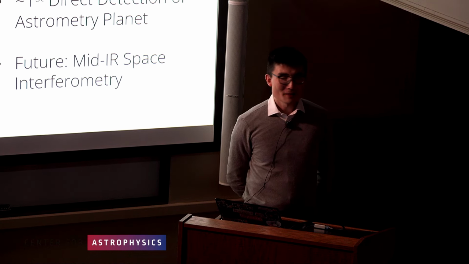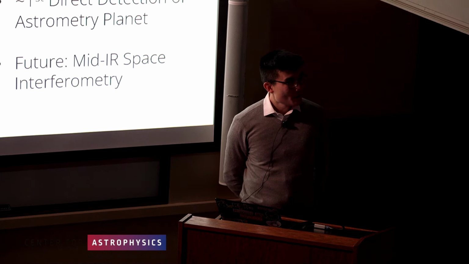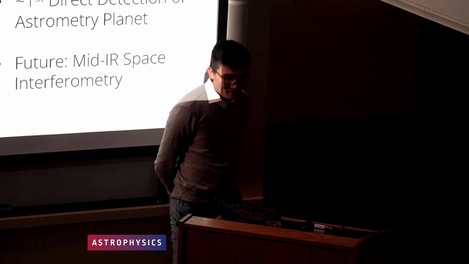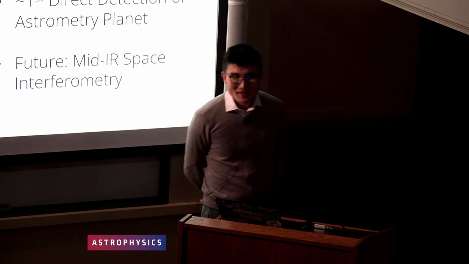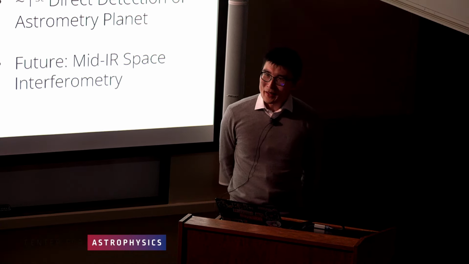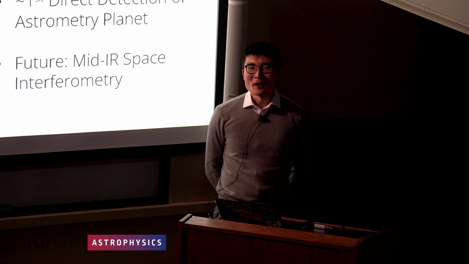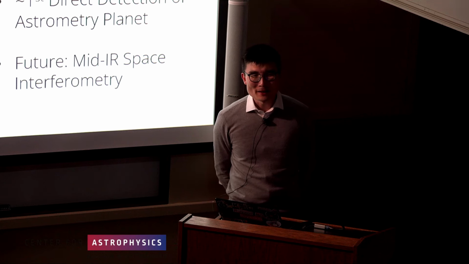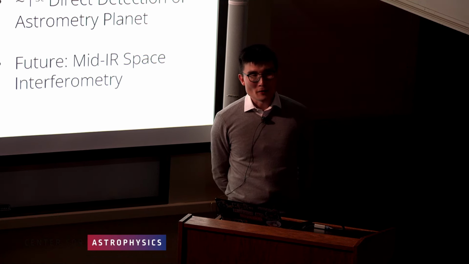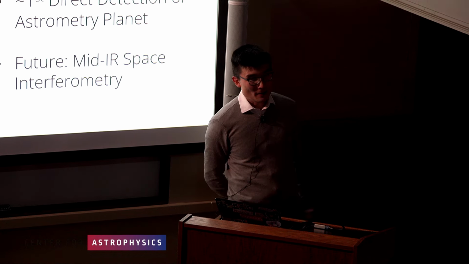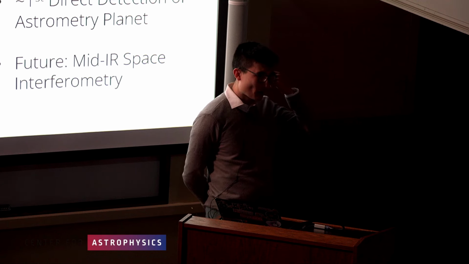I have a question too. There may be some slides that you skipped, but have you looked at other radial velocity detected planets with GRAVITY? We have. There's been a few cases. One case I skipped is a planet that's been indirectly inferred through both a radial velocity trend and an absolute astrometry acceleration.